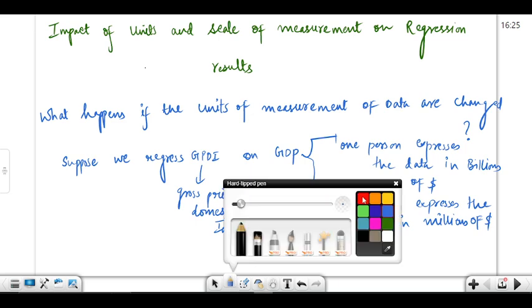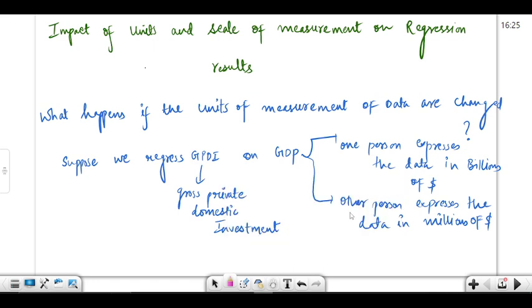We'll be discussing a new topic, and I think you'll enjoy it because you'll see why. We'll be talking about the impact of units and scale of measurement on the regression results.